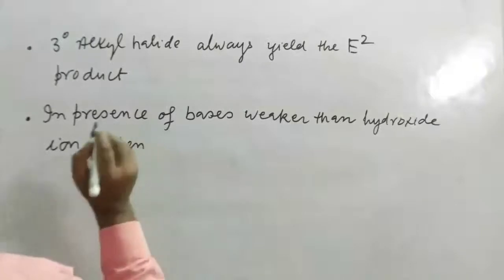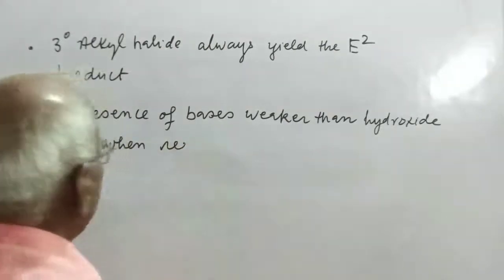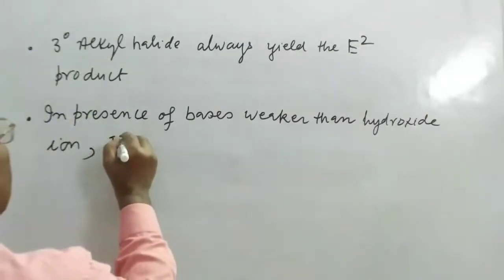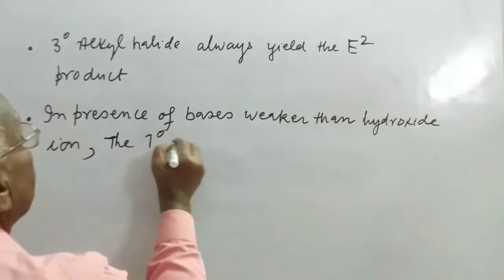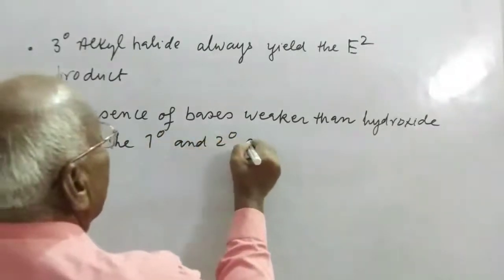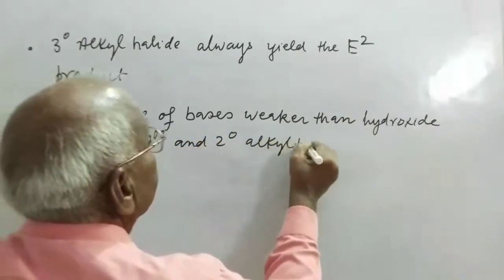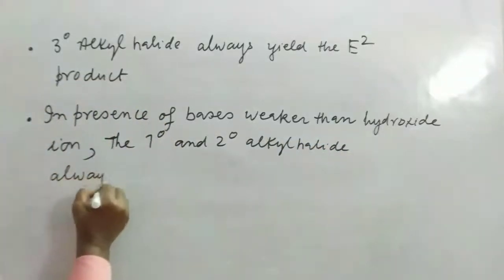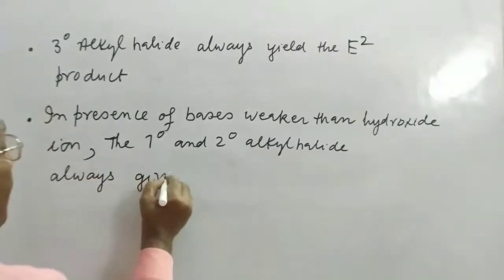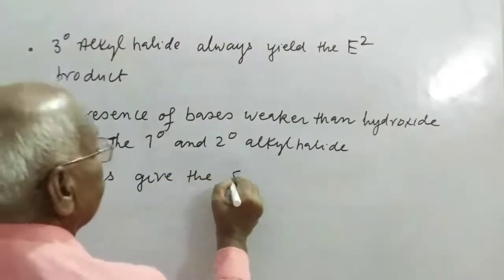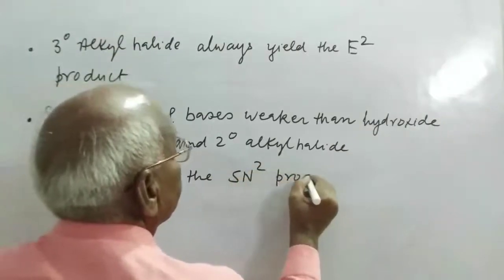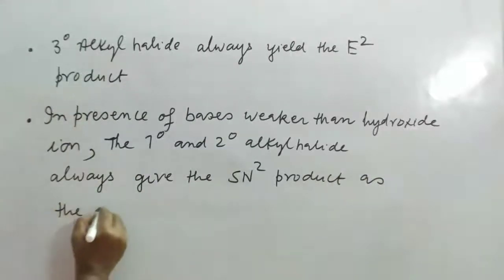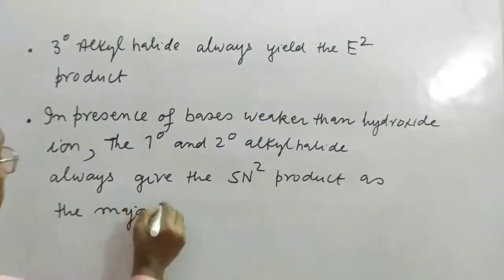In presence of bases weaker than hydroxide ion, the 1 degree and 2 degree alkyl halides always give the SN2 product as the major product.